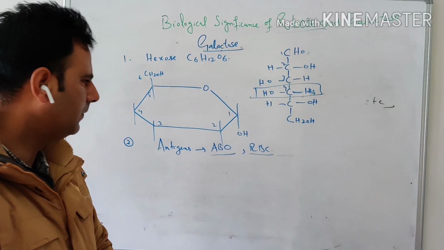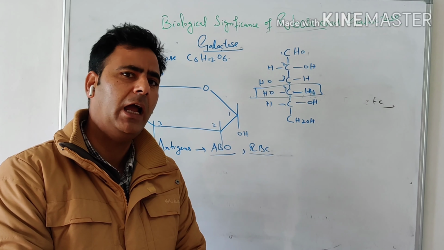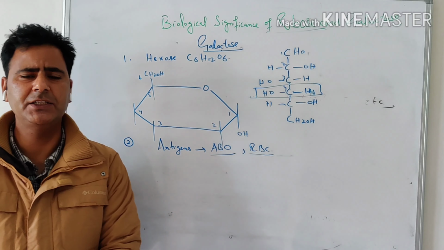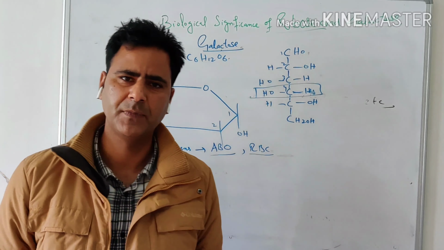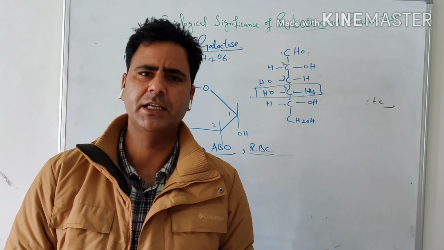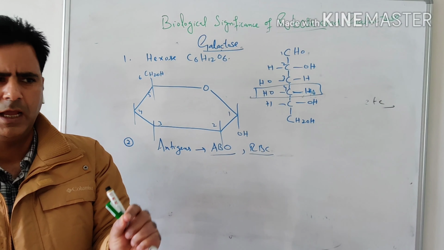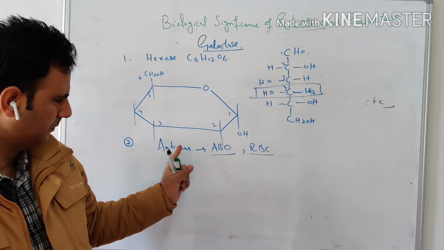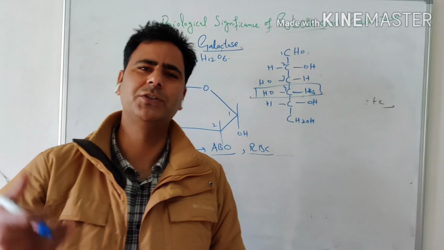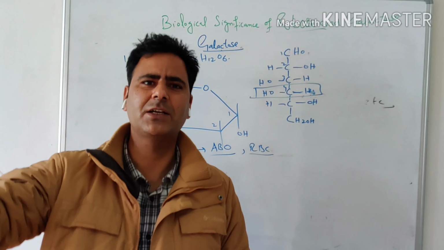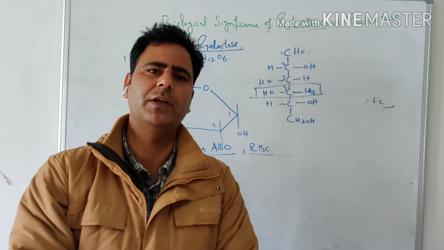So we know for blood group A we have antigen A present on the surface of RBC, and for blood group B we have antigen B. For AB we have A and B both. So these antigens which are present on the surface of RBCs contain galactose as a constituent.